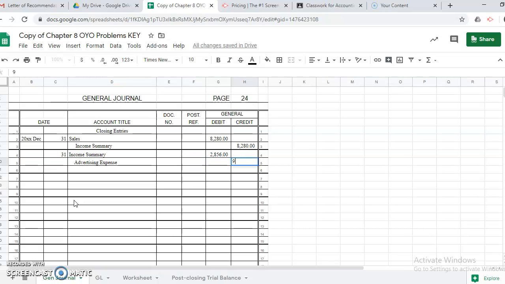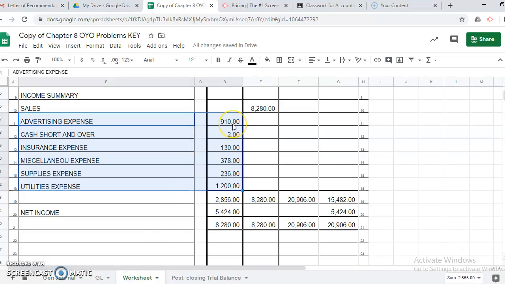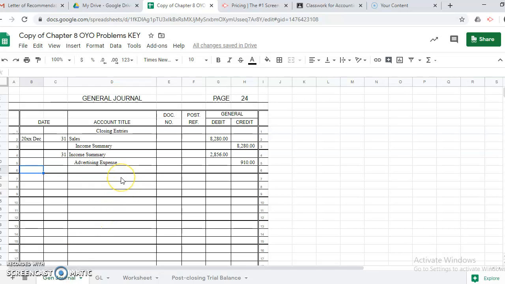Now I've got this in front of me, but what you would be doing is going back and forth to the worksheet saying, okay, advertising is 910, type that in there, and then cash short and over was 2, and on down the line.